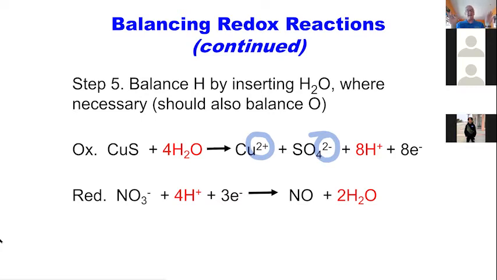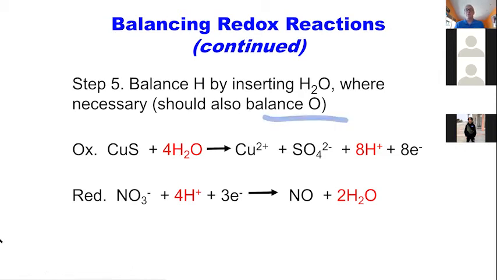Any negative charge or positive charge, it doesn't matter where it comes from. If it comes from a hydroxide ion, or from a nitrate ion, or wherever it comes from, we need to take it into consideration. So now we've got our hydrogens balanced, and like I said, that usually balances oxygens too.